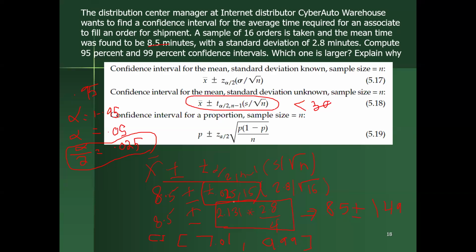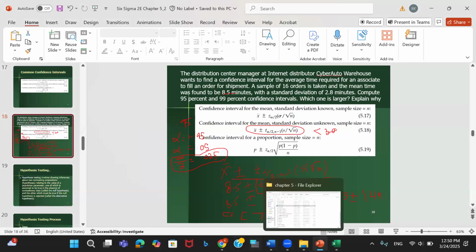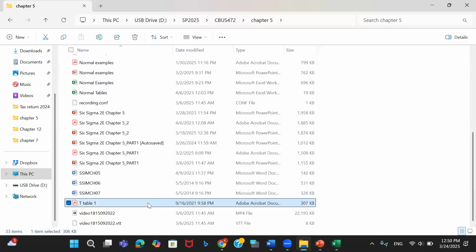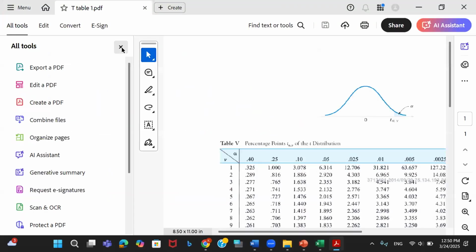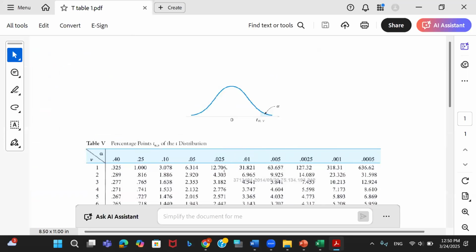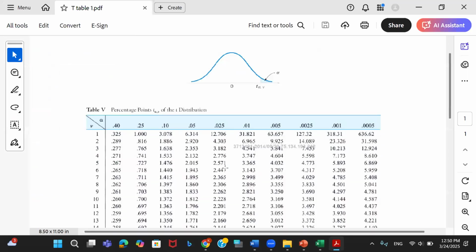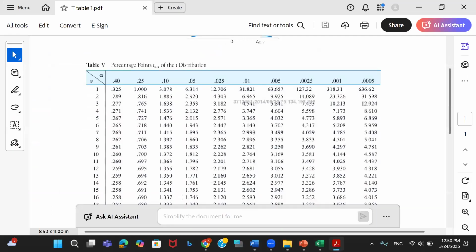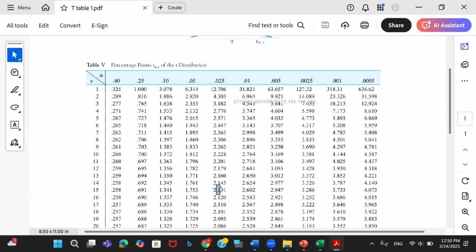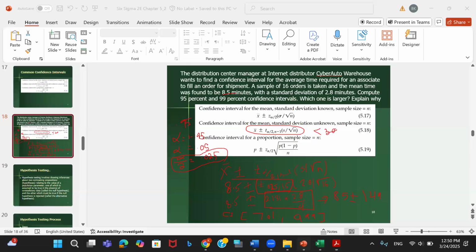So this value, t 0.025 and 15 degrees of freedom, I find it from the T table. So I'm looking for t 0.025 and 15. I go here. It is this one, 2.131.